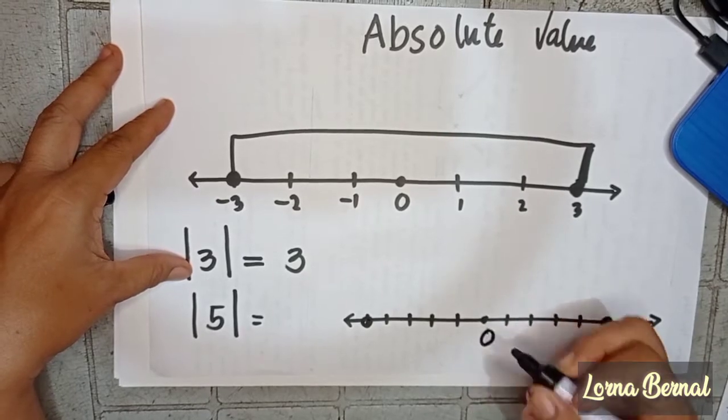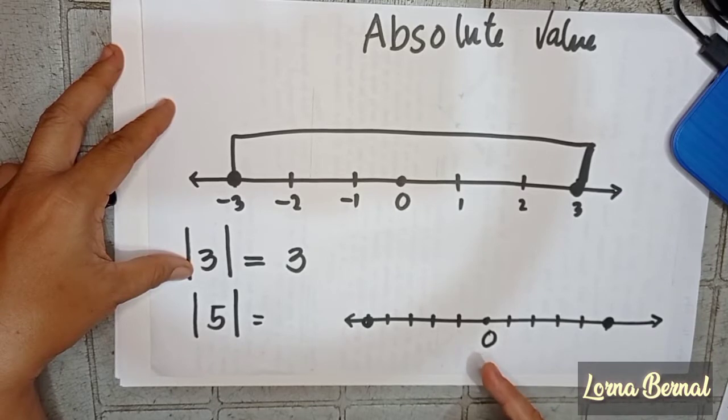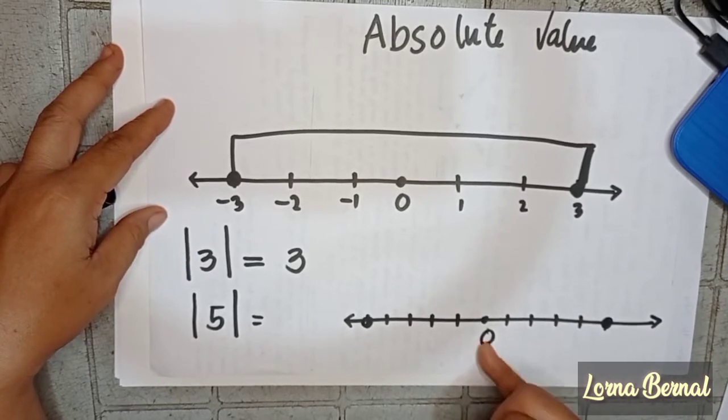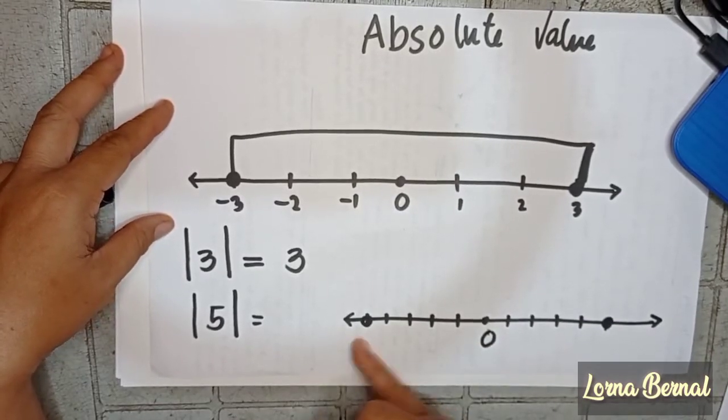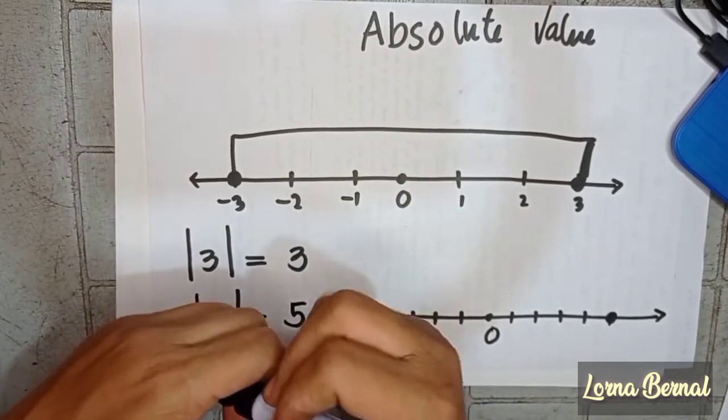Therefore, the distance from 0 to positive 5 is 5, and the distance from 0 to negative 5 is 5. Therefore, the absolute value of 5 is equal to 5.